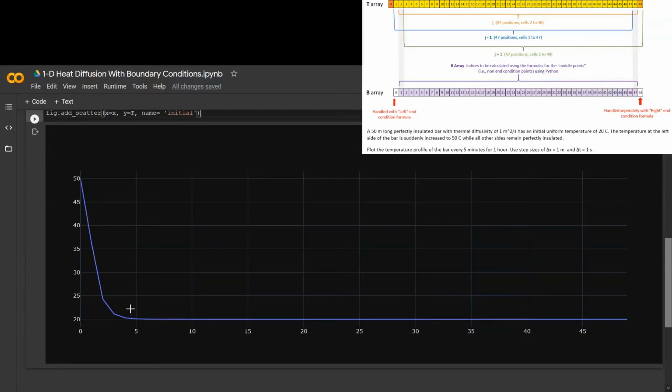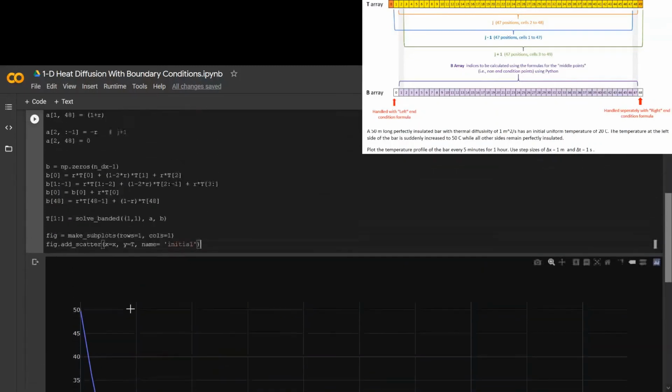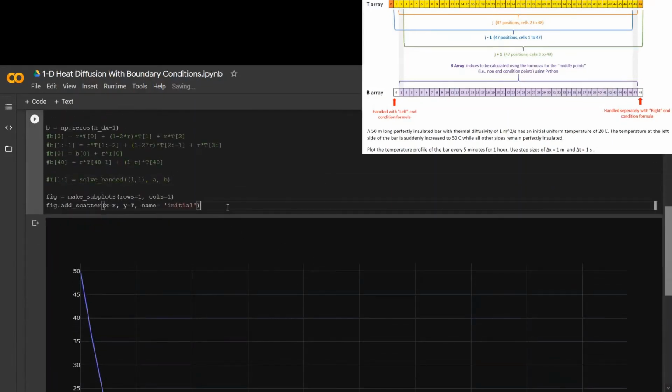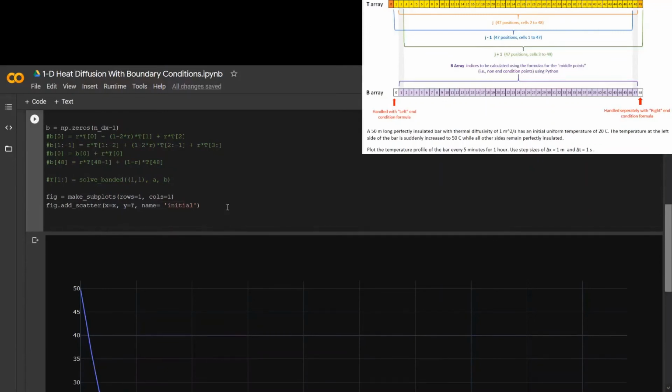So what we want to go off and do now is perform this iteratively. So how do I want to do this? I think I'm actually just going to comment these out because I'm going to use them in some sort of loop, but I don't want to get rid of it right now.